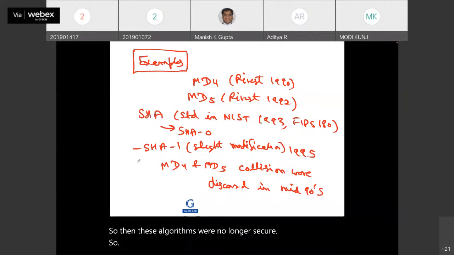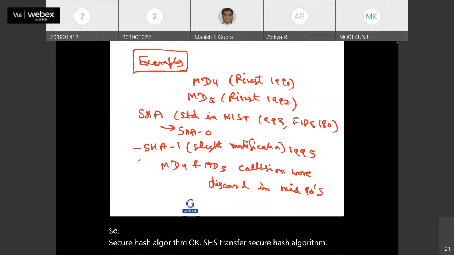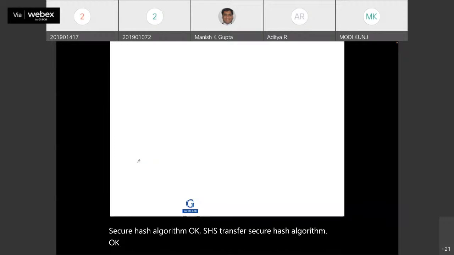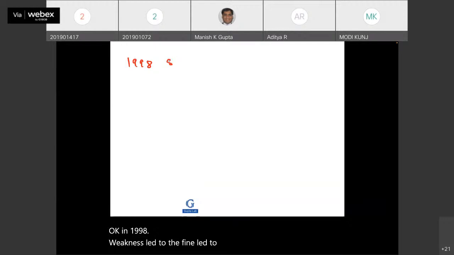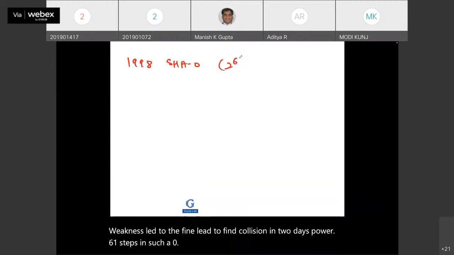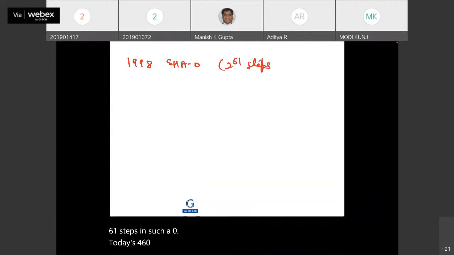Okay, SHA stands for secure hash algorithm. In 1998, weakness led to finding a collision in 2^61 steps in SHA-0. In 2004, again for SHA-0, a collision was found.